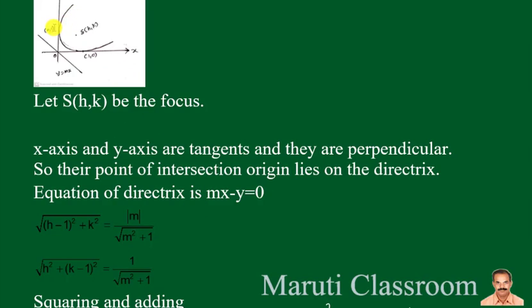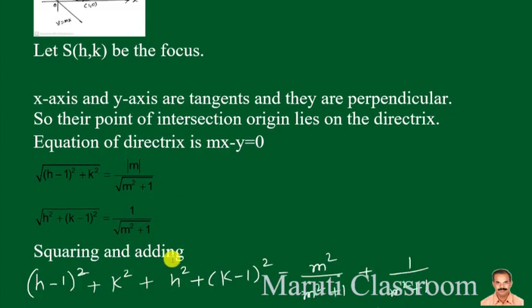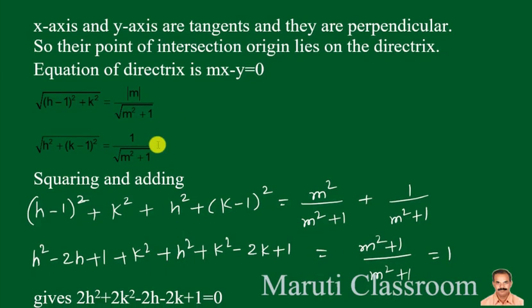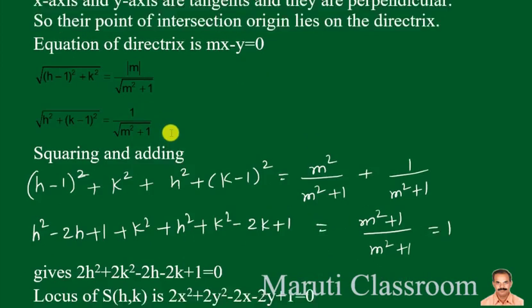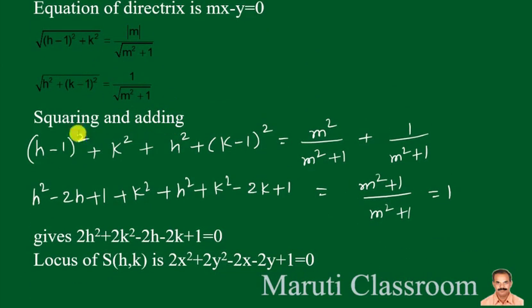In the same way, the distance between (0, 1) and (h, k), that is root of h square plus (k minus 1) whole square, equals the perpendicular distance from (0, 1) to mx minus y equal 0, that is 1 by root of m square plus 1. Here m is a variable, a parameter. We have to eliminate m. To eliminate m, squaring and adding, the left hand side sum of the squares is (h minus 1) whole square plus k square plus h square plus (k minus 1) whole square.